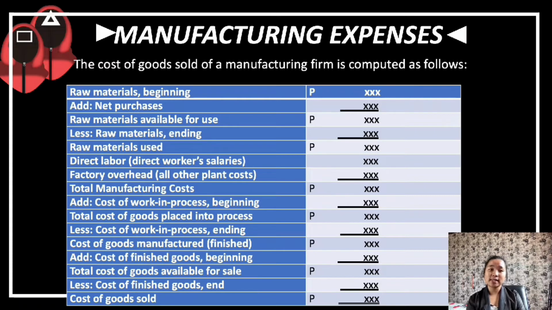As you can see in the slide, after performing and following that formula, you should be getting the cost of goods sold, or the direct cost of producing the product.